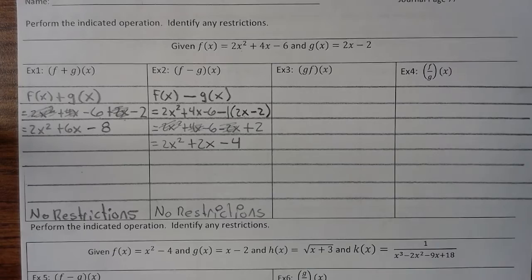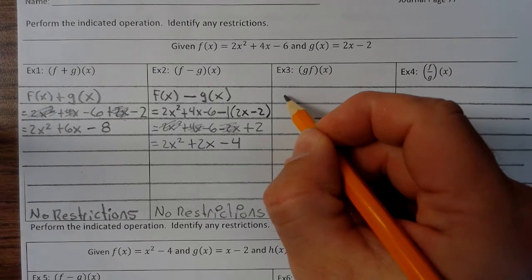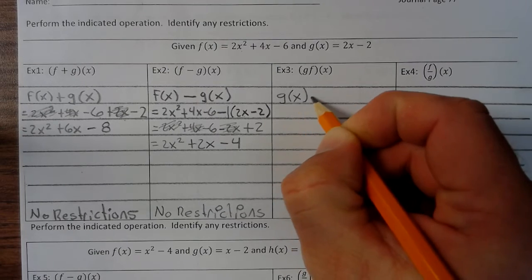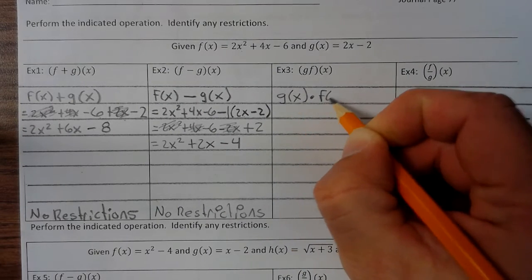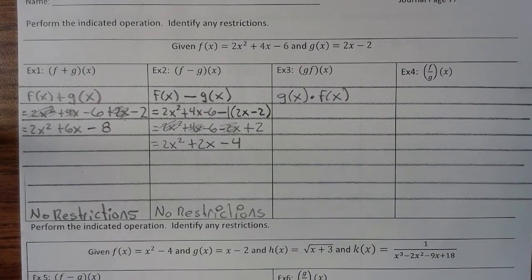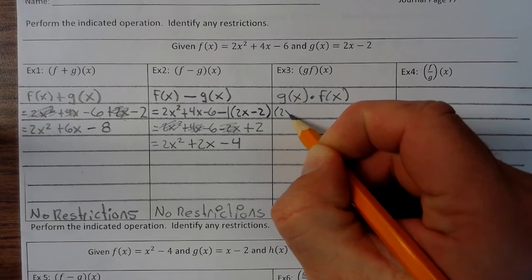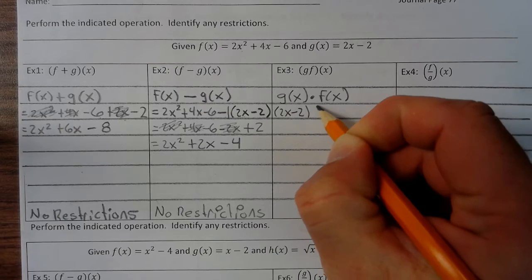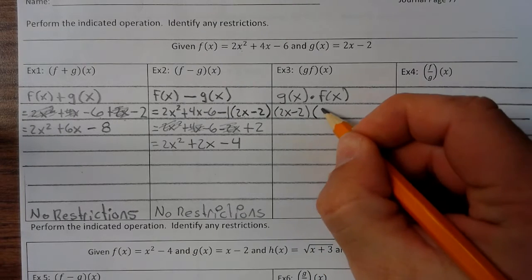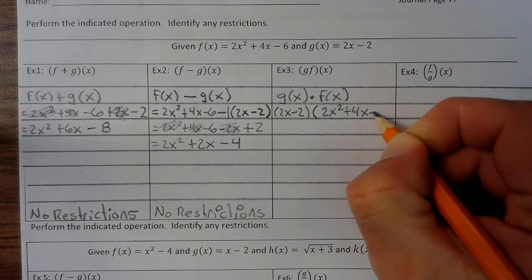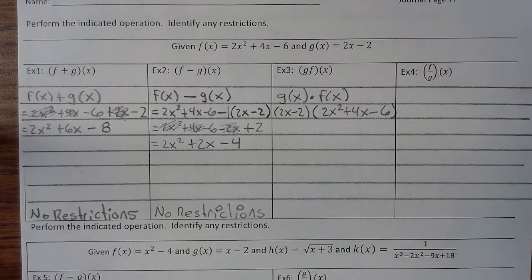Okay, example 3. So now in this case, we have g of x times f of x. Okay, so g of x is 2x minus 2 times 2x squared plus 4x minus 6.